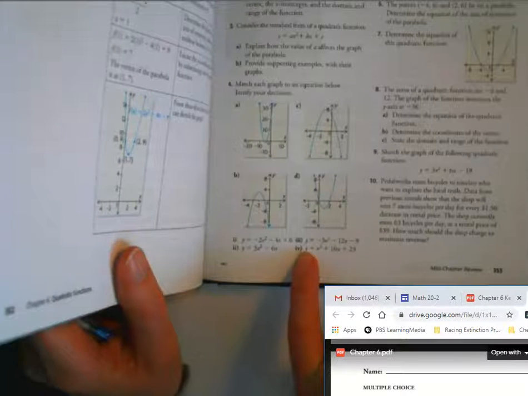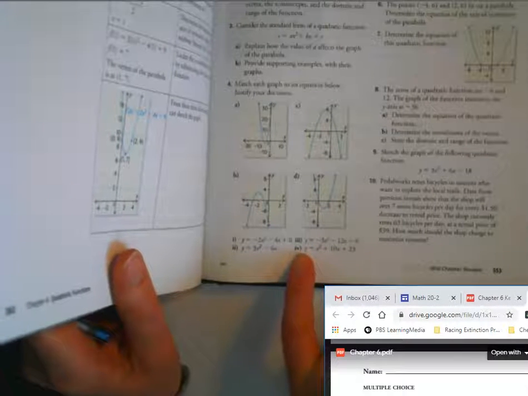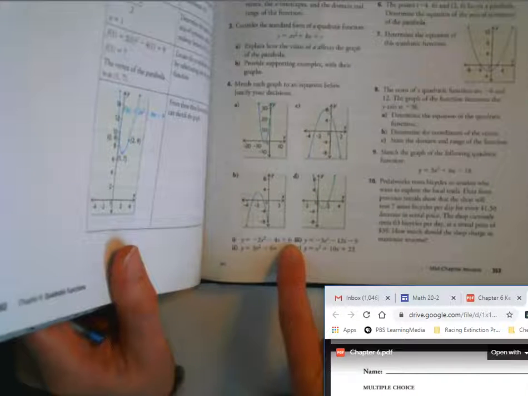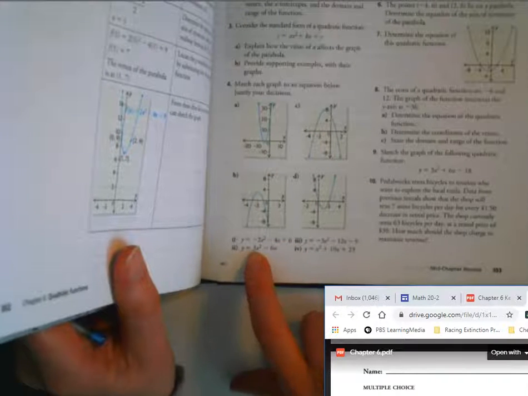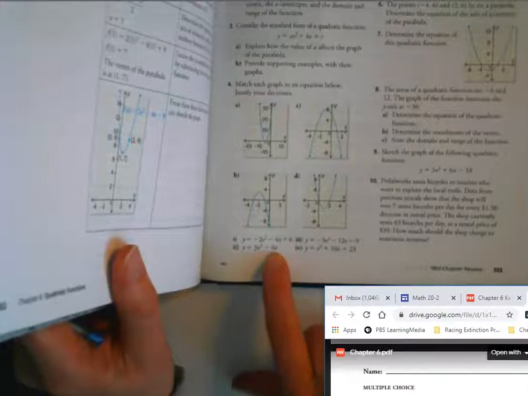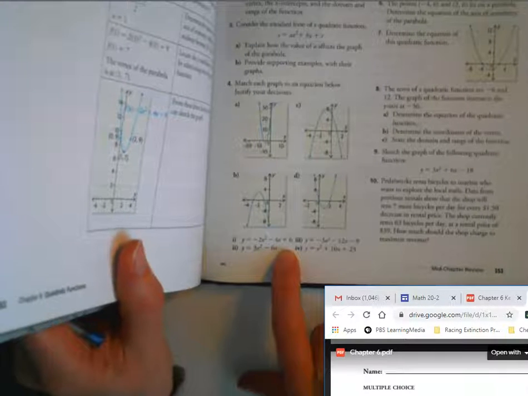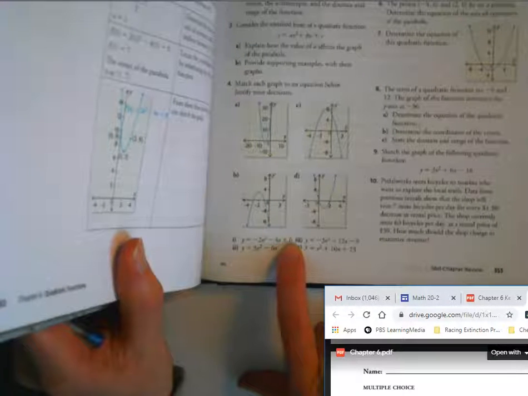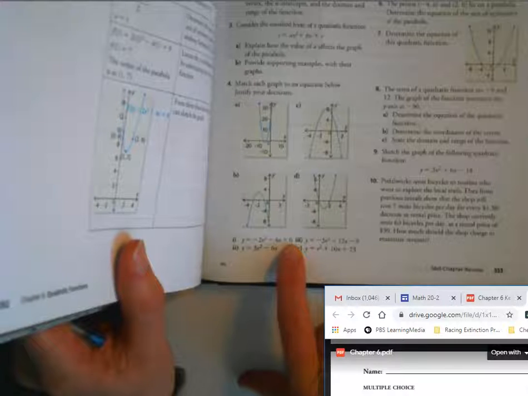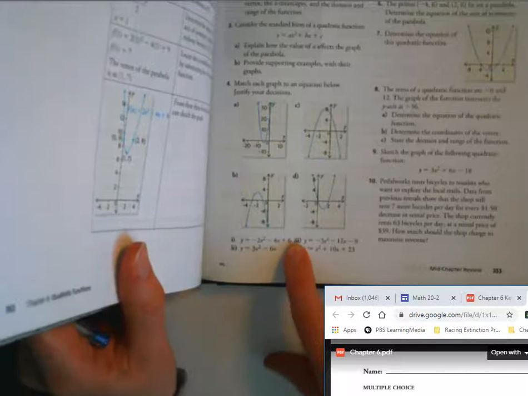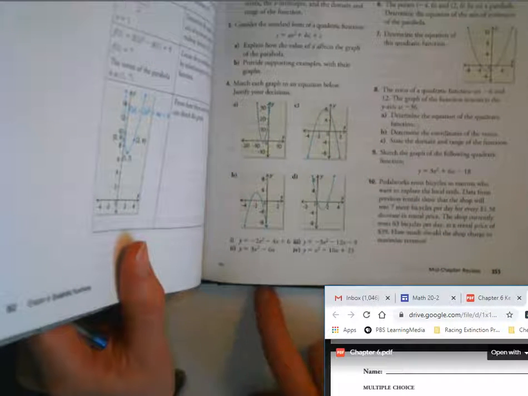The other thing we also know from looking at quadratic equations is the C value, because your A value is here and then your B value is here. If you don't have a C value, that means your y-intercept is 0. If you have a C value like positive 6 here, that means your y-intercept is going to be at 6. So those are things that can help you to identify things on the graph.